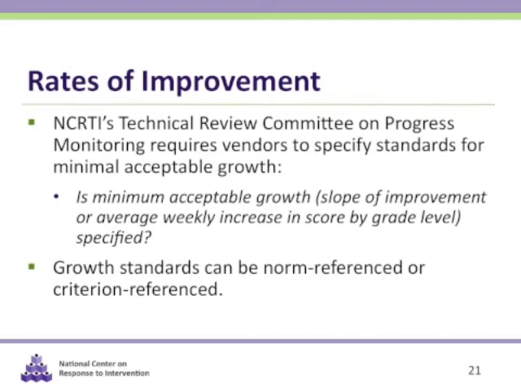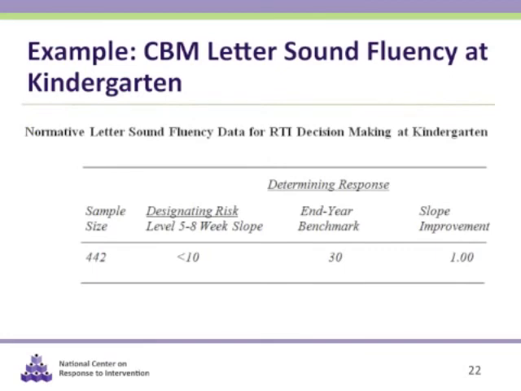So let's look at a few examples from the progress monitoring tools chart for the National Center on RTI. Here we see information on a tool, curriculum-based measurement, letter sound fluency at kindergarten. That tool has a recommendation for how users can determine response.